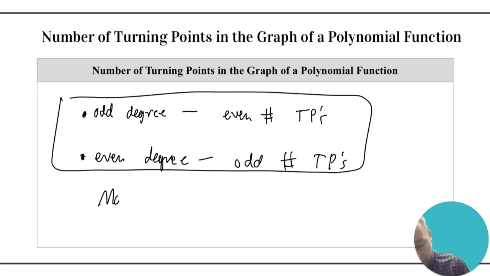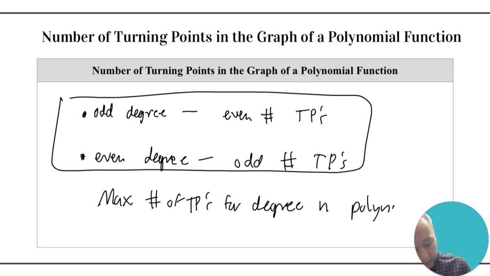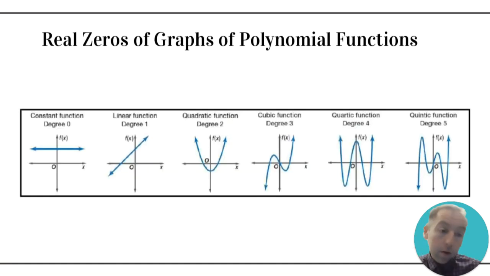And then also the most number of turning points for a degree n polynomial is going to be n minus 1, right? So the most number of turning points it can have always has to be one less than the highest exponent, right? But it doesn't always have that maximum. It just needs to be decreasing from there in multiples of 2, right? So that gives us information about the turning points, okay?